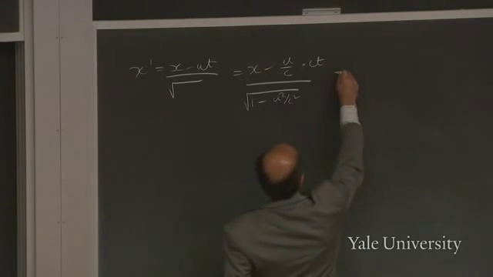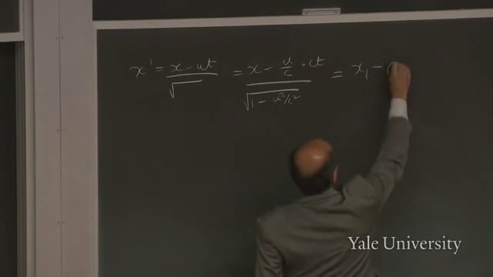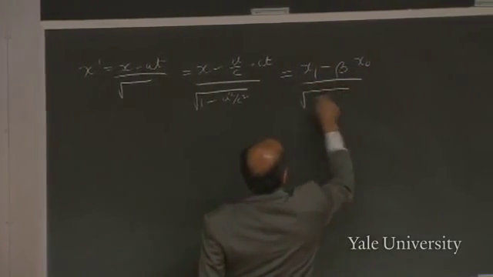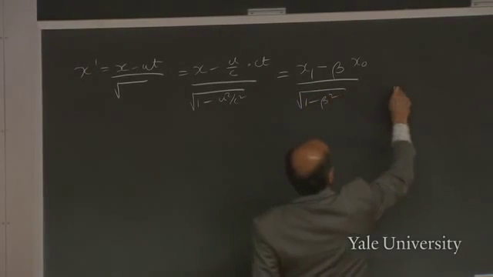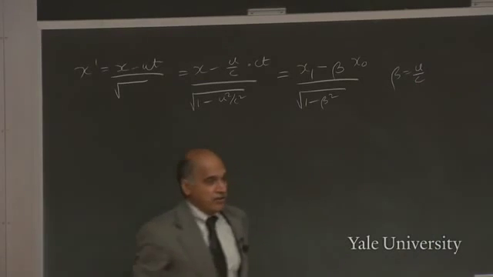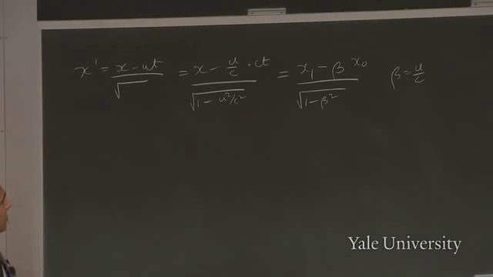This I'm going to write as x, now called x1, minus beta times x0, divided by root 1 minus beta squared, where beta is the universal convention for u over c. If all velocities are measured as a fraction of the velocity of light, then beta is a number between 0 and 1.